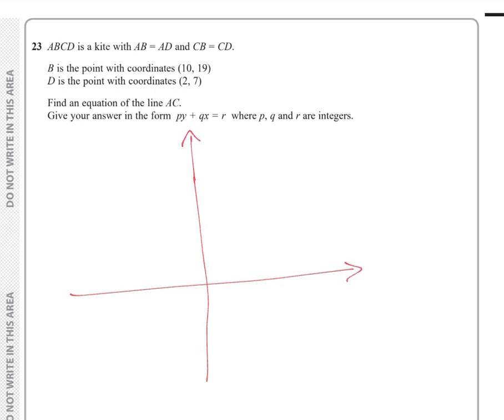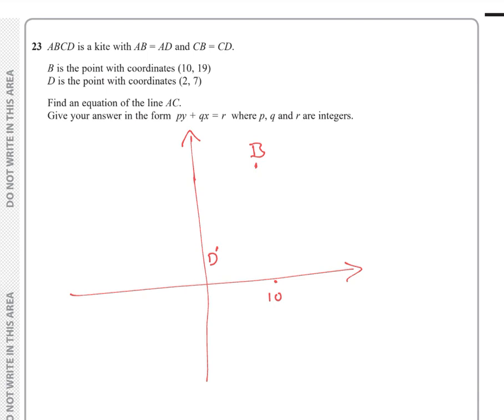So 10, 19, this is point B, D is the point 2, 7. That's D. A, B, C, D, A, B, C, D.